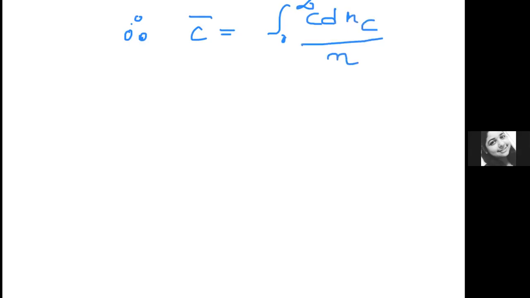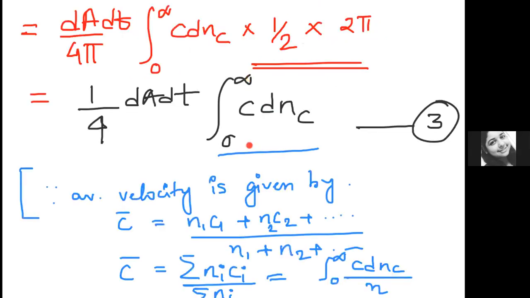Cross multiply this part. So n C bar is equal to the integral of C dN sub C. Now you can replace this entire portion in the previous expression with n C bar.